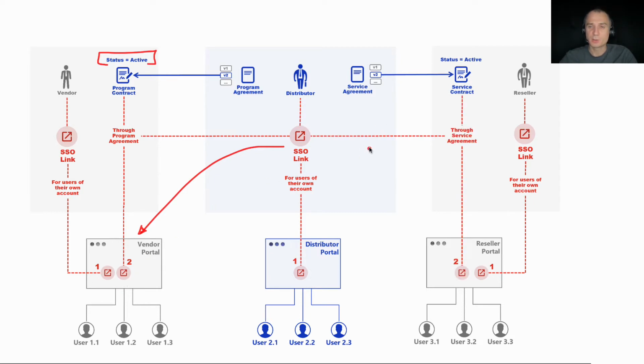The same is true for reseller relationships. So a distributor can set a checkbox on the link, and by doing so, this link becomes visible to all resellers who have an active contractual relationship with the distributor. All things combined, it's a pretty straightforward feature, as you can see.